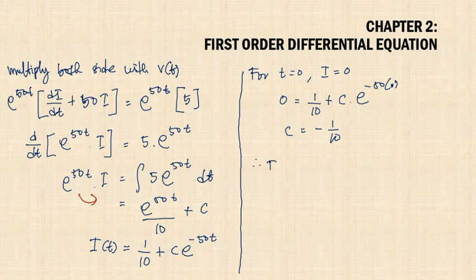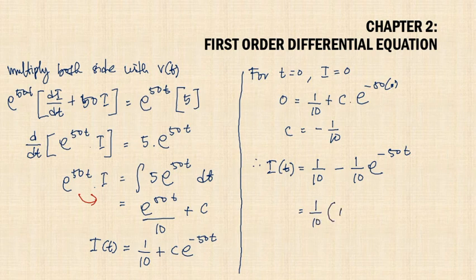So we have I of t is 1 over 10 minus 1 over 10 e power of negative 50t, or we can simplify more by factorizing 1 over 10 to have 1 minus e power of negative 50t. So this is a particular solution for the electric circuit.